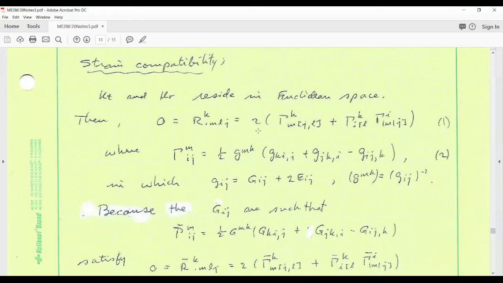We've seen that before. To get this, we simply needed to introduce a connection defined in the way we did before in terms of the dual basis and natural basis. For example, G super K sub Mj is G vector G super K dot G sub M comma J, and that induces always zero value for the Riemann-Christoffel tensor.